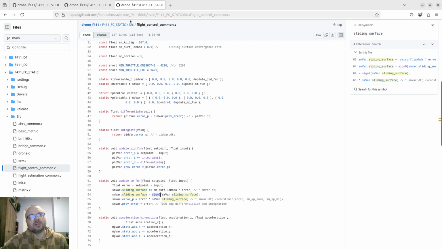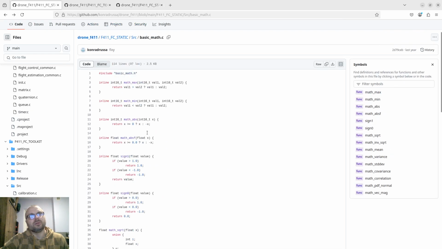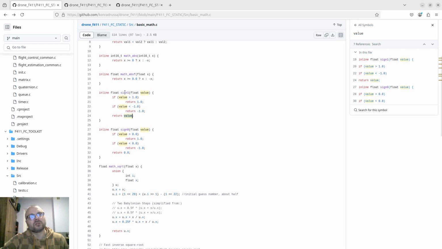You can check how it changes the calculations if for the sliding surface you change signum 0, which you can find also in basic math, to signum 1, this function.